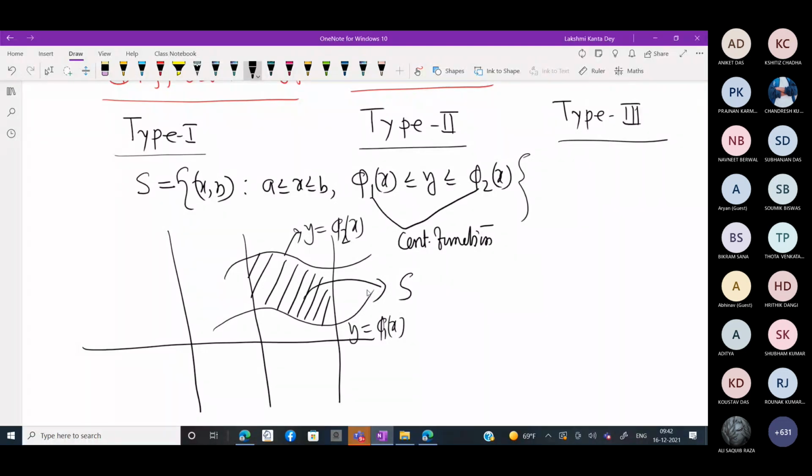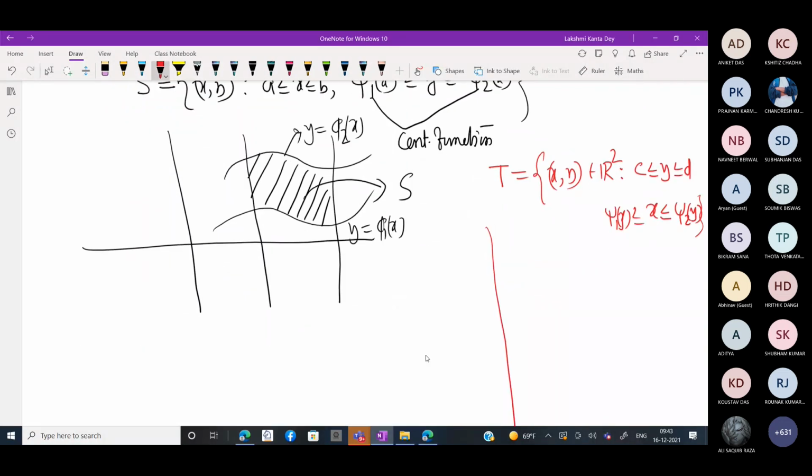Now there may be another region, I can write as T. I pick a different color. T is the set of all (x,y) belonging to R2 such that c less or equal to y less or equal to d, and x is in between psi1(y) and psi2(y). If we draw the picture here, c to d is like this, and it may be like some functions here and some functions here.